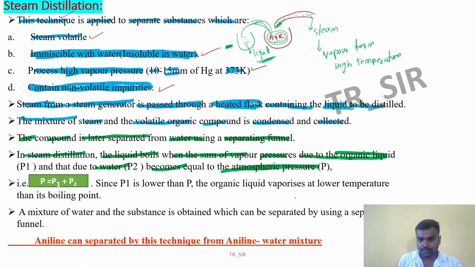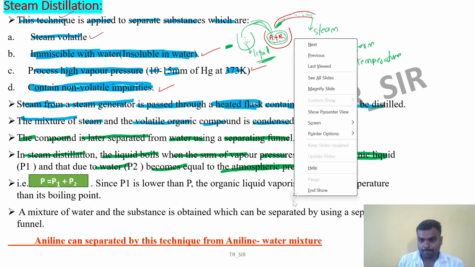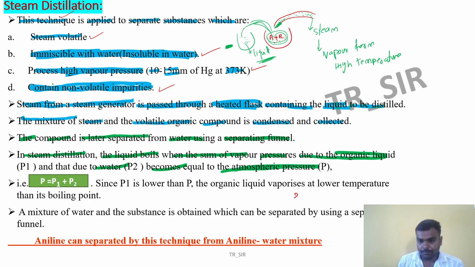So simple meaning is here. Let us say P1 is of the organic compound, P2 of the water vapor, since we are using steam, which is water vapor. Suppose external pressure is 760 mm.